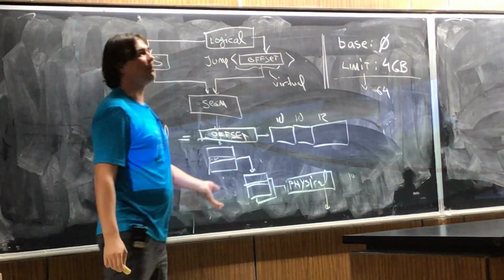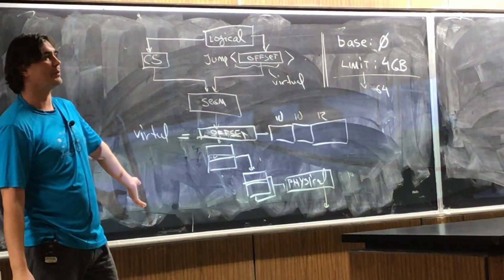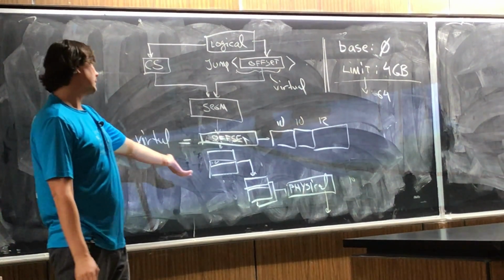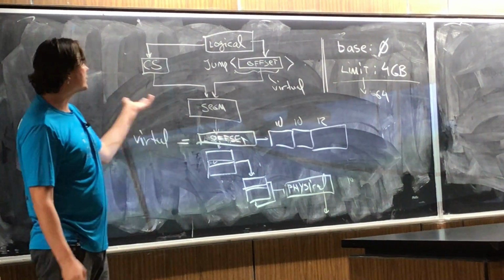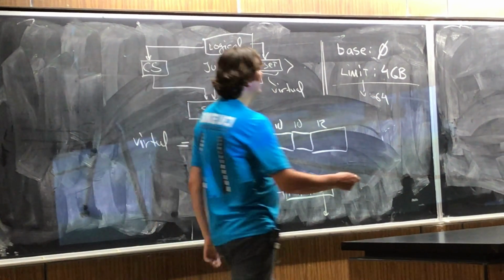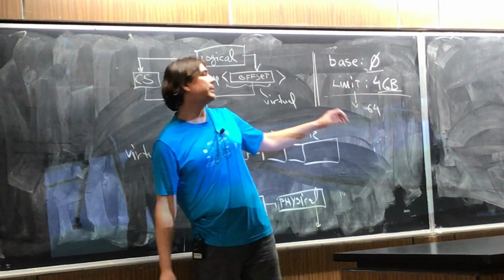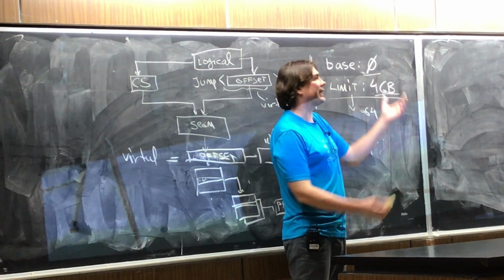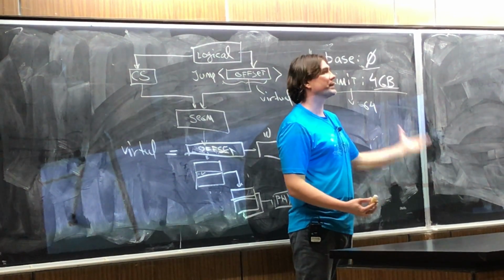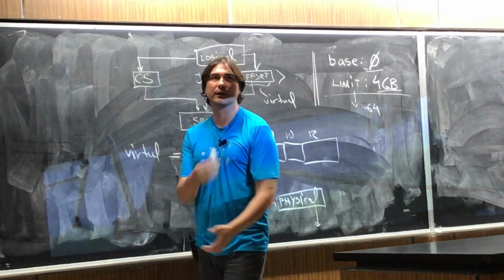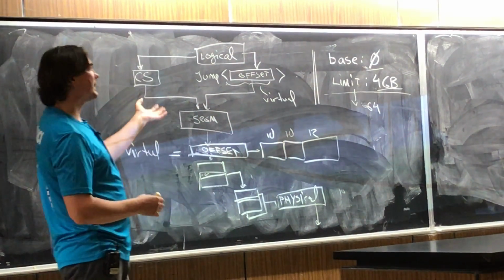Essentially, anything before the page tables you can call virtual if you like. Just make sure you know the assumption that these are essentially disabled, by the fact that the base is 0, which doesn't change the offset, and the limit is 4 GB, which doesn't limit you to anything. Is that clear?